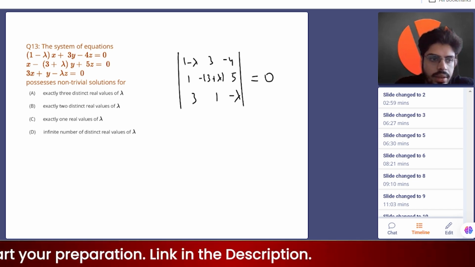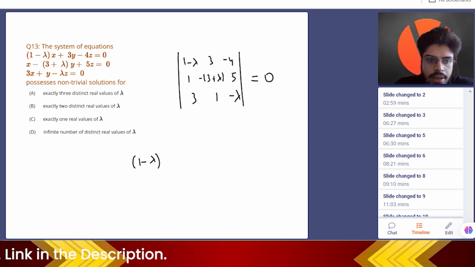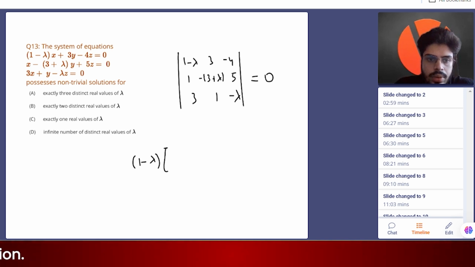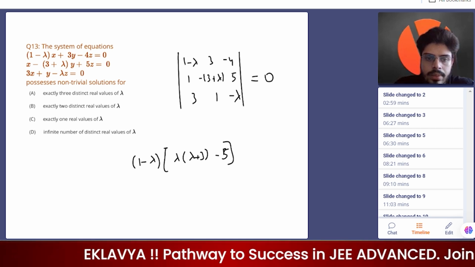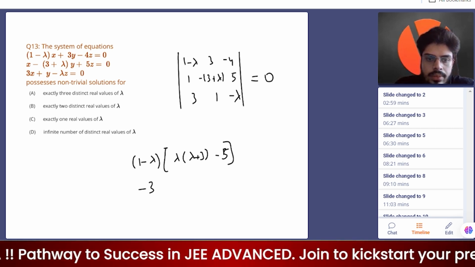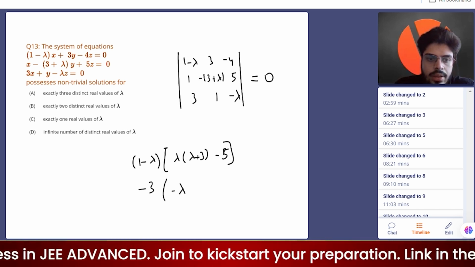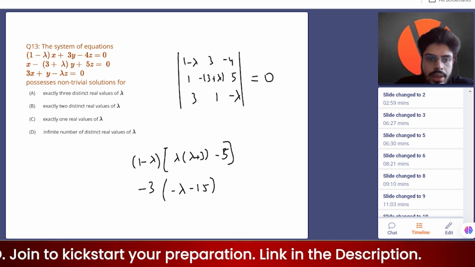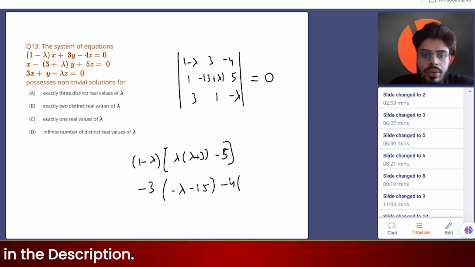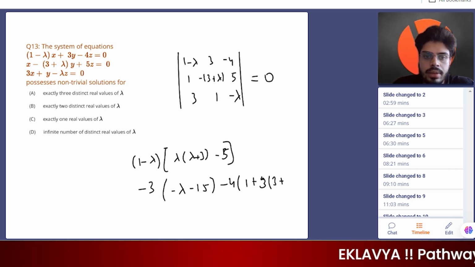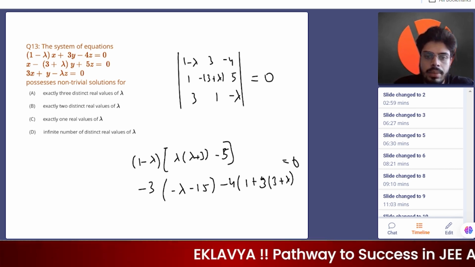So I will get 1 minus lambda into lambda plus 3 minus 5, minus 3 minus lambda minus 15, minus 4 into 1 plus 3 times 3 plus lambda.